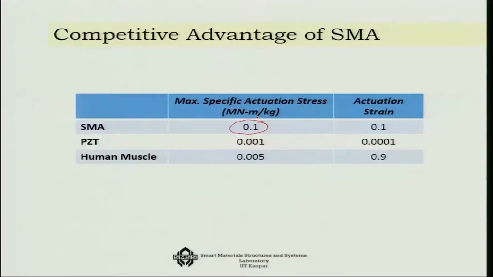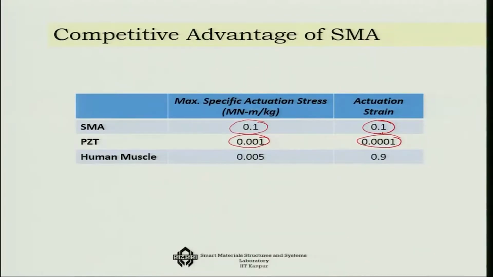Now let us see what is the competitive advantage of this shape memory alloy. If you look at the maximum specific actuation stress, SMA can give you something like 0.1 meganewton meter per kg, and the actuation strain is about 0.1. On the other hand, if you look at PZT, it is actually 100th of this capacity of the SMA, and actuation strain wise it is very low.